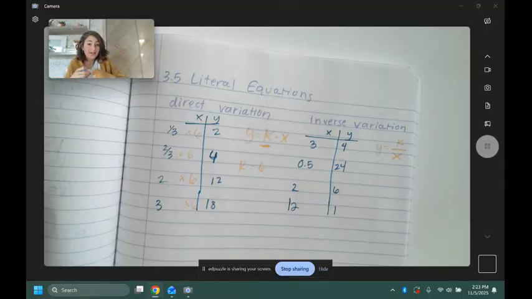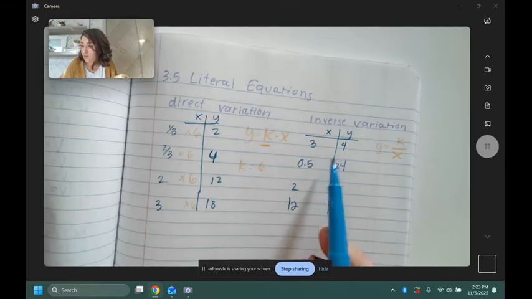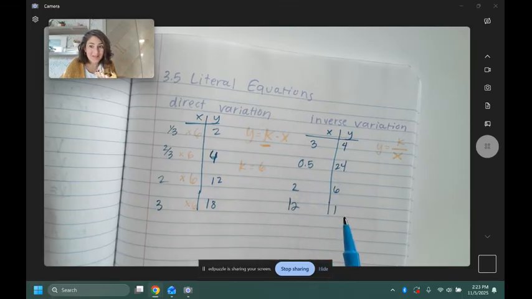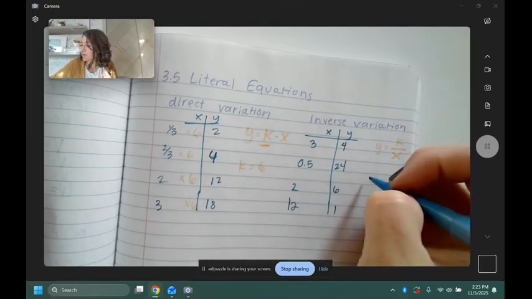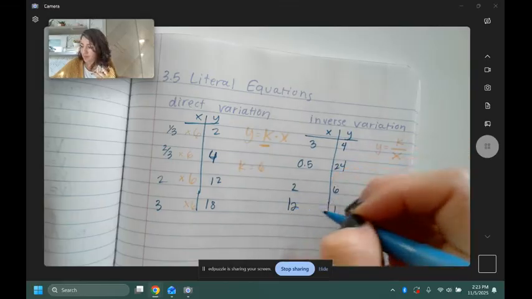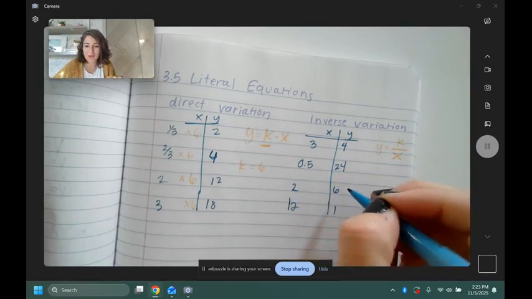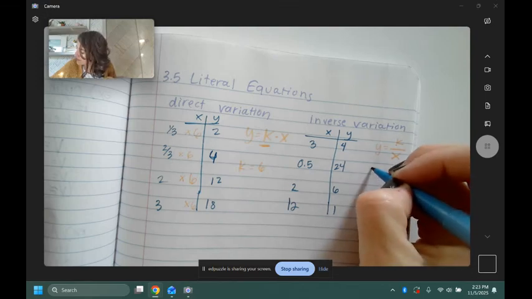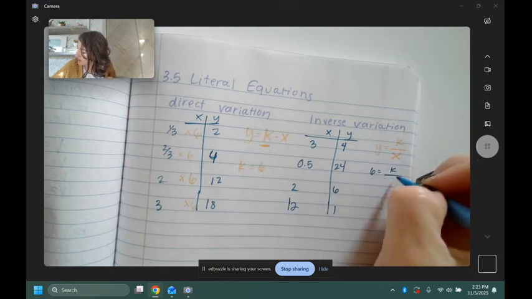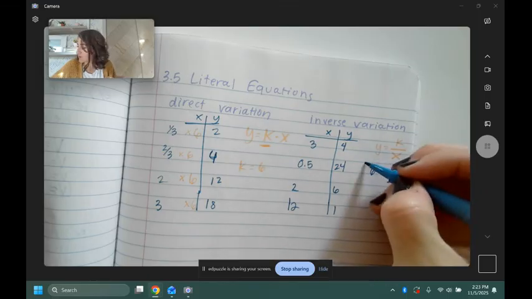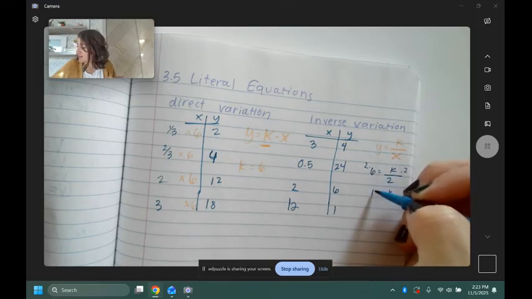So this is not varying directly for sure. I can't multiply by something that gets bigger in some cases and smaller in others. So let's plug in these two numbers. If X is 2 and Y is 6, 6 equals some K divided by 2. Multiply by 2 on both sides, K is 12.